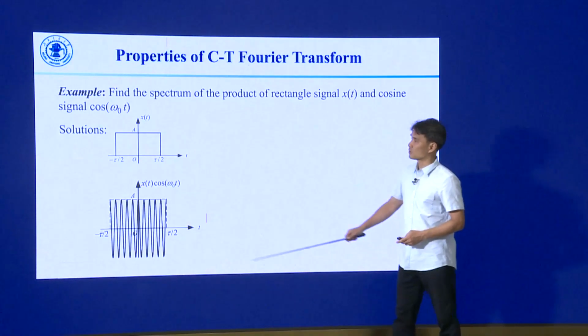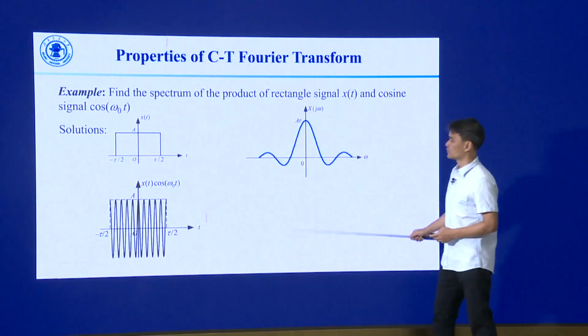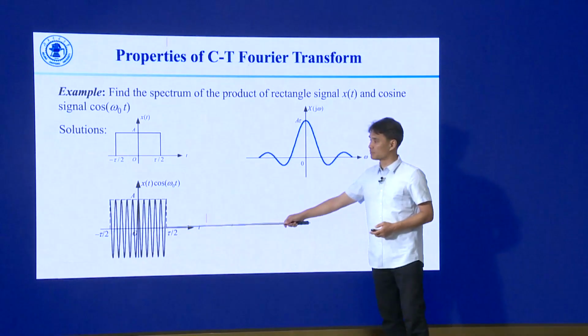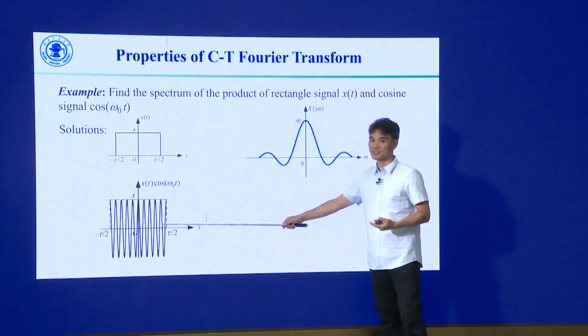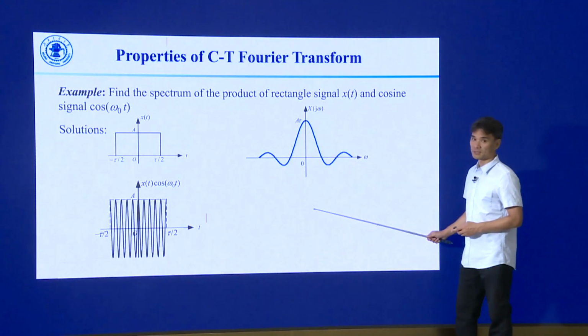So if we take a look at the graphic representation or the waveform of the x(t) in the time domain, here is the corresponding spectrum. And if you multiply by the cosine function, or do the phase shift in the time domain, here will be the frequency shift in the frequency domain.